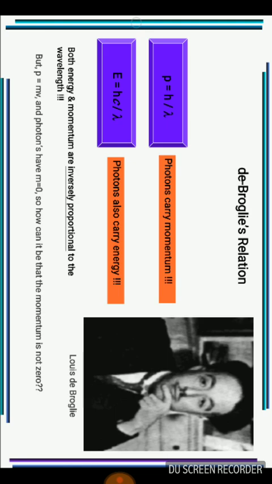Now the de Broglie relations. According to de Broglie, p is equal to h upon lambda, that is the momentum of a particle is equal to h upon lambda, and energy E is equal to h c upon lambda, which means that the momentum and energy are inversely proportional to the wavelength.